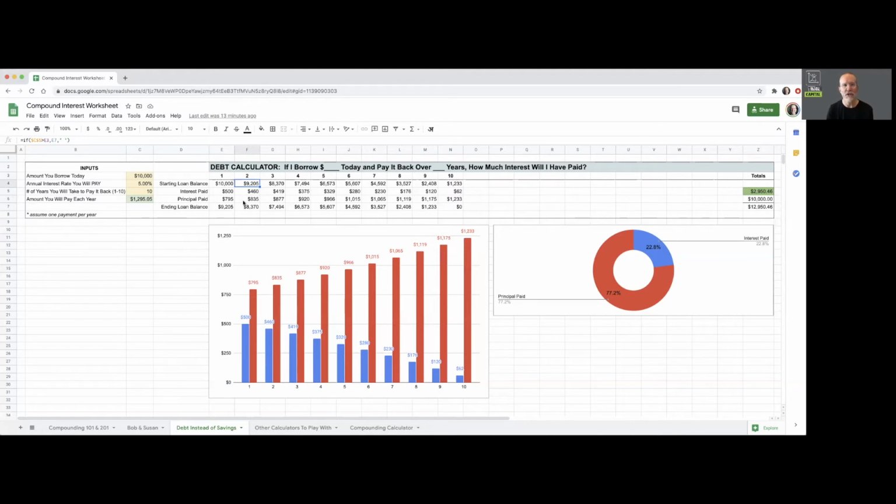That's what we start our second year with as our initial loan balance for year two. And the table shows you the same thing happens again. We pay some interest and some principal. We drop our loan balance by the principal paid, and that becomes our loan balance in year three, and so on, until by year 10, our final balance is, of course, zero.